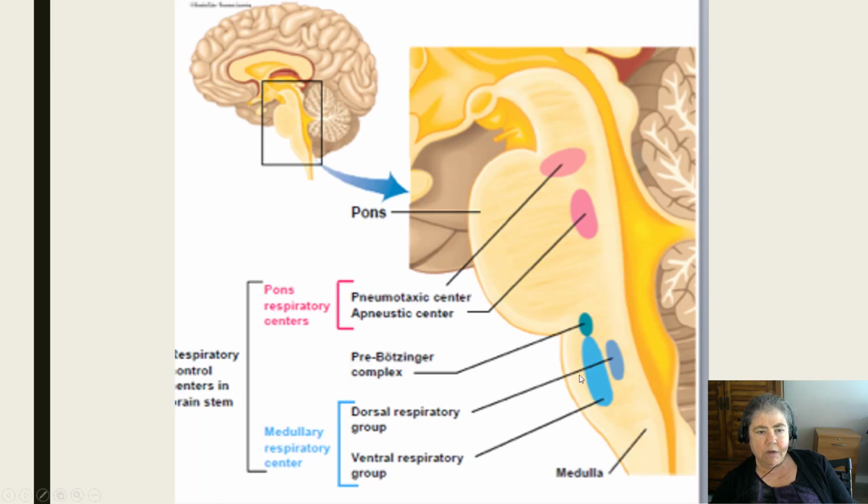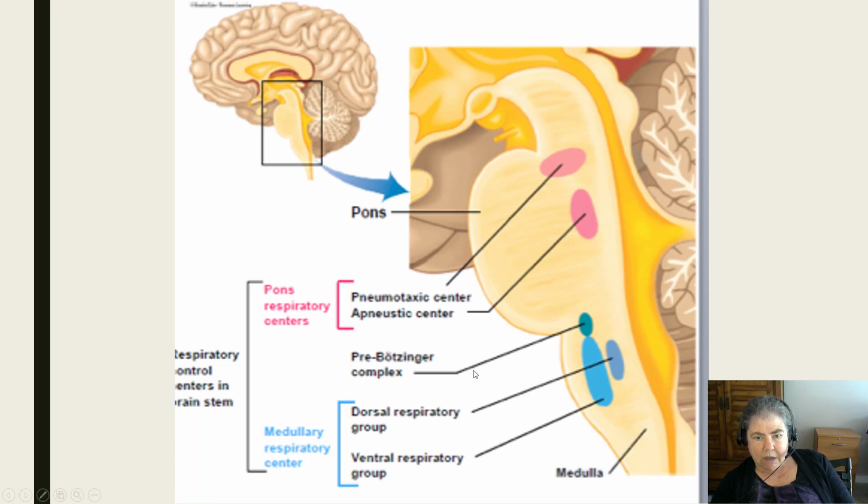And here we're showing those control centers in the pons and the medulla. The pre-Botzinger complex, which is basically the pacemaker, the dorsal and ventral respiratory groups, and the inhibitory and excitatory cell groups in the pons.